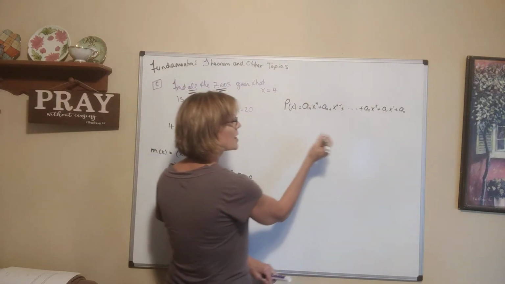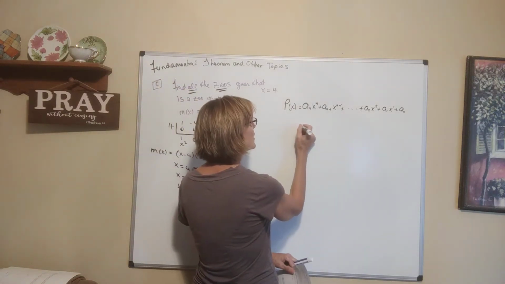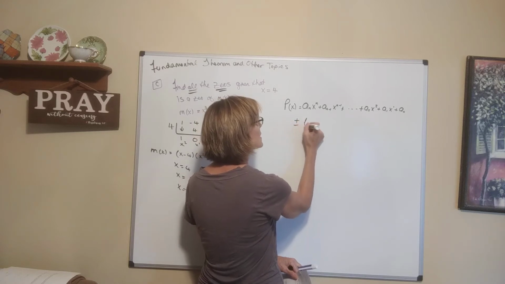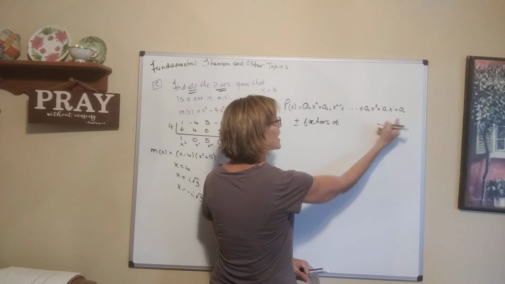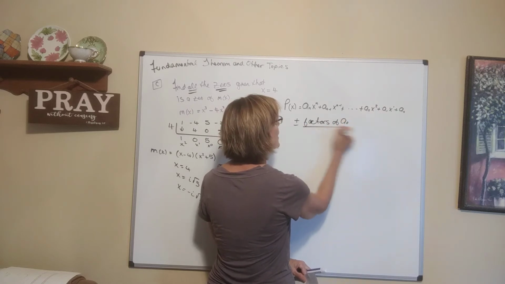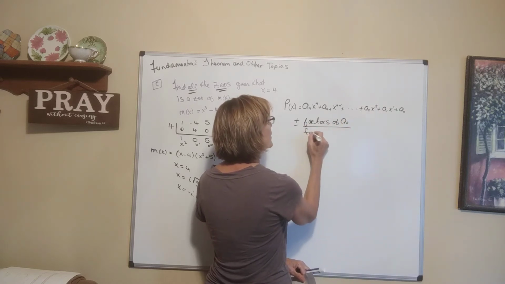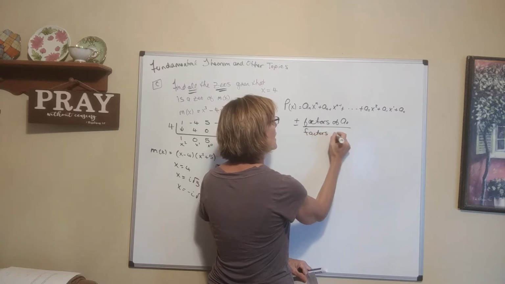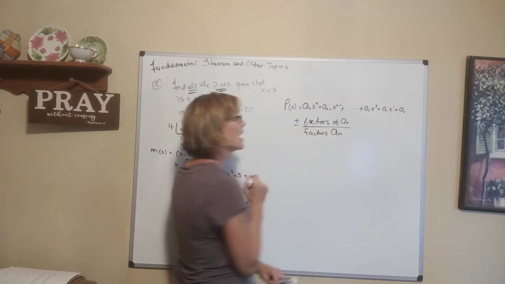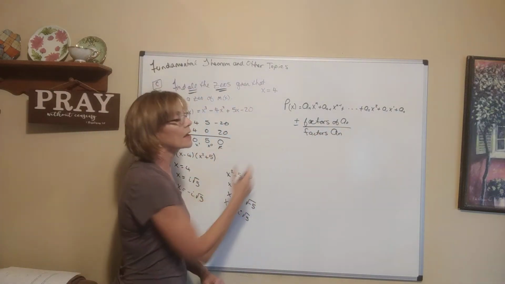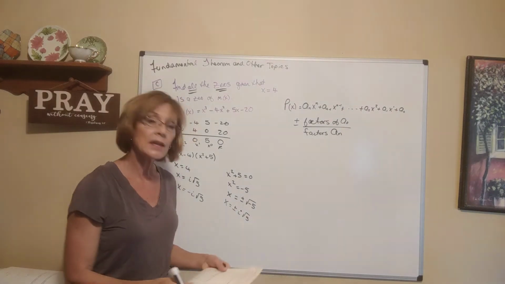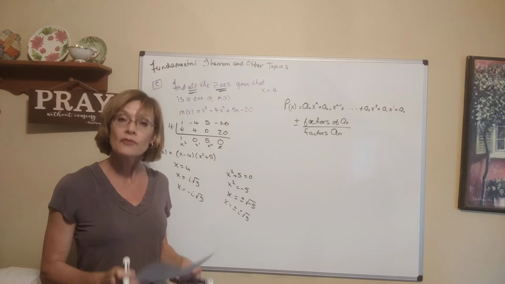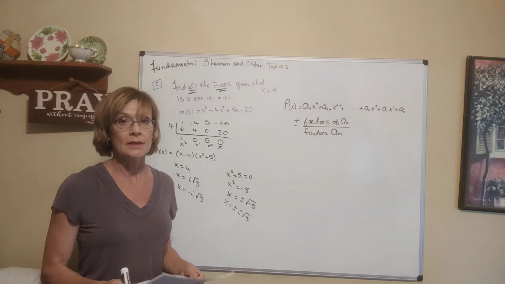The list of possible zeros would be plus or minus the factors of the last term, a sub 0, divided by the factors of the leading coefficient, a sub n. And so you can make a big list. What we're asked to do in part D is to make the list. We don't have to find the zeros, we just have to make the list.